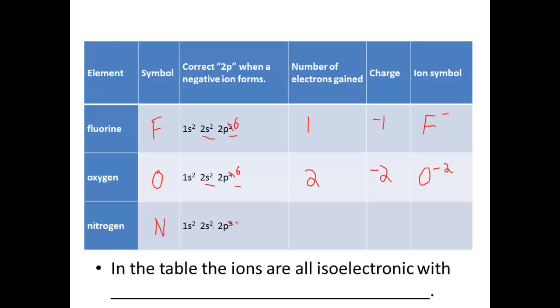We want to have it gain 3 electrons to get to 2s2, 2p6. Gaining 3 gives us a -3 charge, so nitrogen would be with a -3 charge. Again, all of these now end in 1s2, 2s2, 2p6. All of these are also isoelectronic, the same electronic configuration as neon.